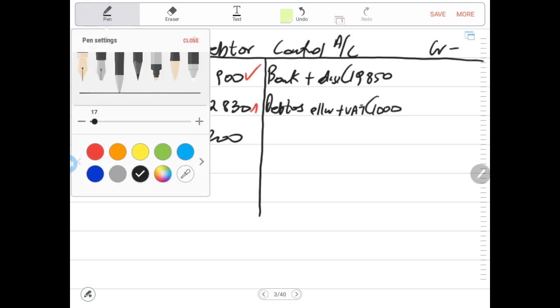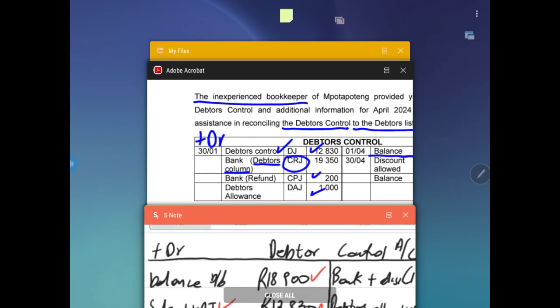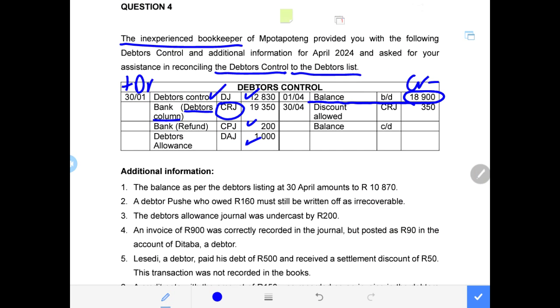Remember, this is debtors control as an asset. The opening balance will always be on the debit side. It's a balance brought down. Balance brought down of an asset is on the debit side. There we have a balance carried down with the question mark. We have a carried down and the brought down on the same side. That was a mistake. So that is the correction we have made.